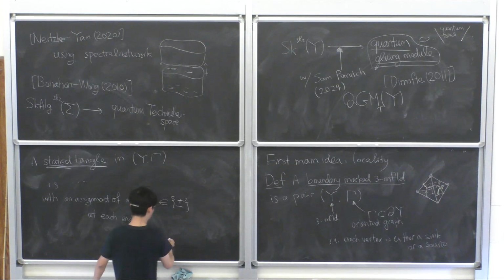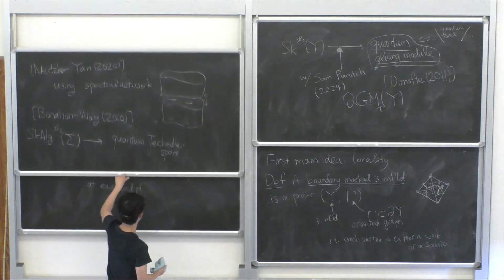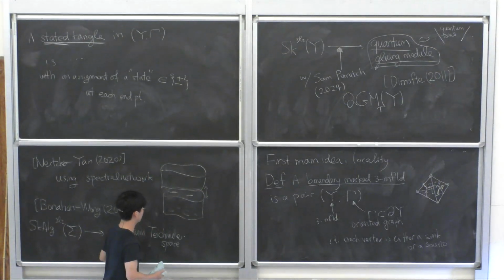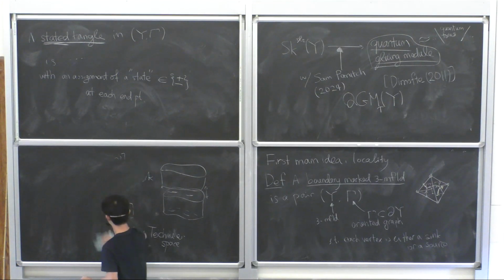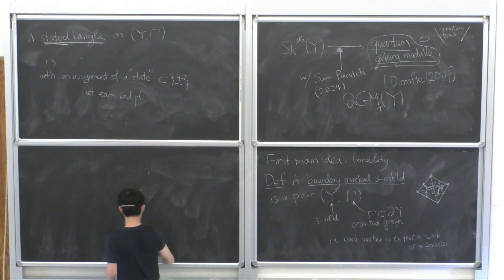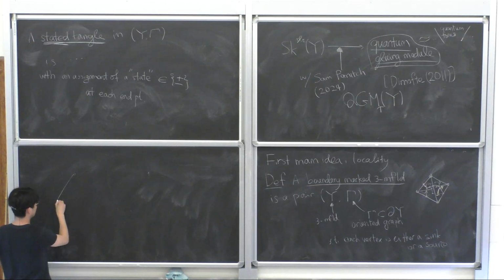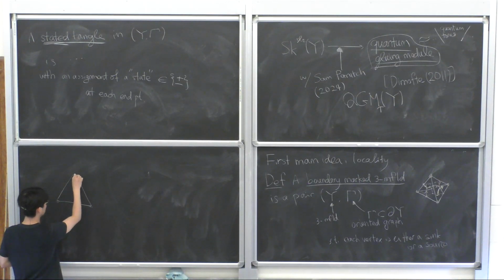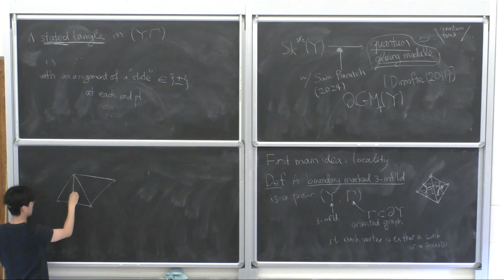One can ask an analogous question in 2D. In 2D, what you do is take a spectral network, with a dual triangulation of a Riemann surface. Let me draw a spectral network in green.